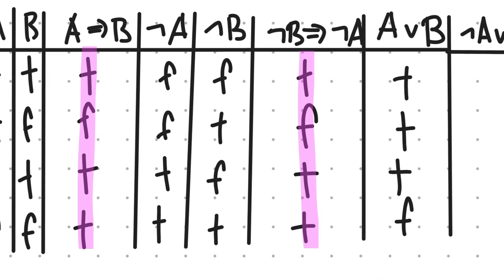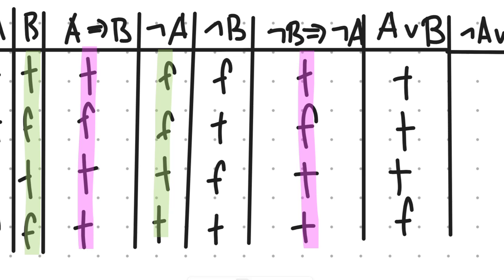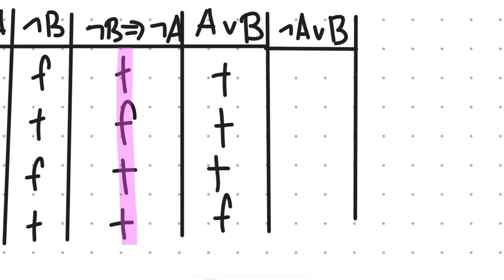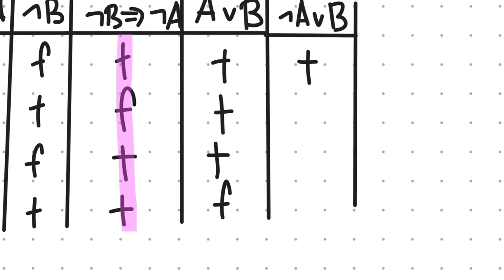So not A, I'm going to use another color, and B are here. And we're just going to see that false, true: at least one of them is true, which is B in this case. So this is also true. As for the second one, we have false, false. So it should be false because we don't have any true statement.